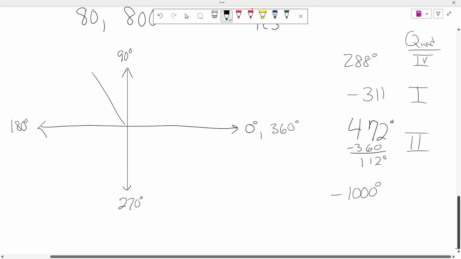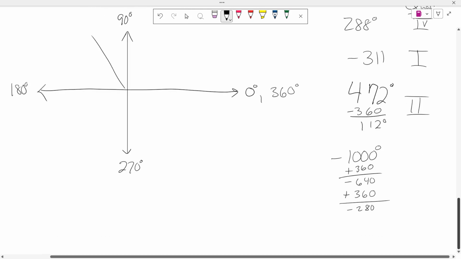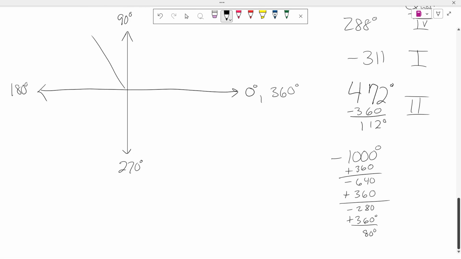Okay, negative 1,000. Now, if I add 360 to that, I'm at negative 640. If I add 360 to that again, I'm at negative 280, I think. If I add another 360 degrees to that, I'm at a positive 80 degrees.